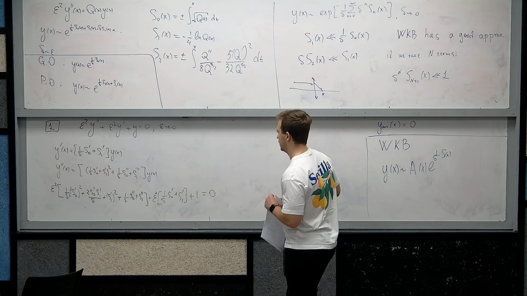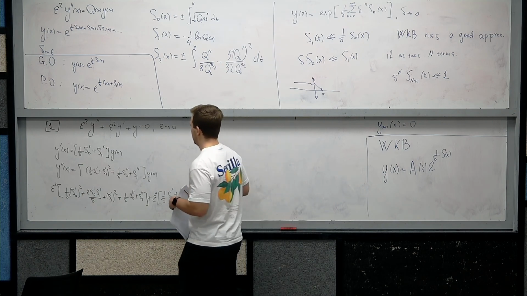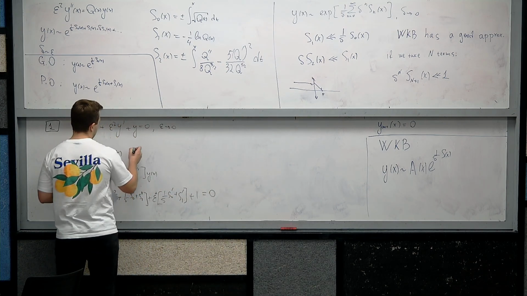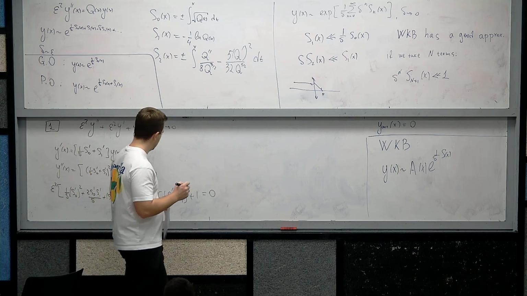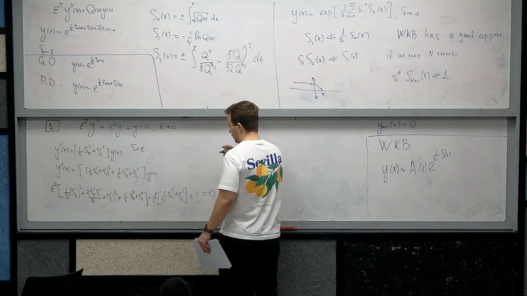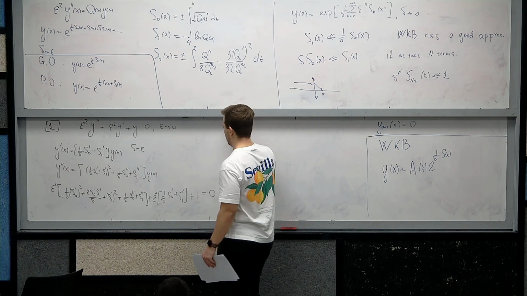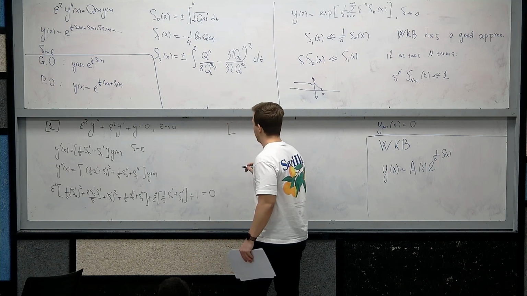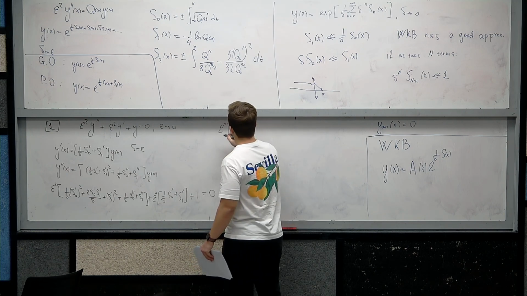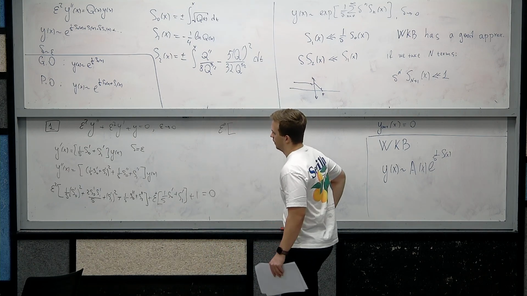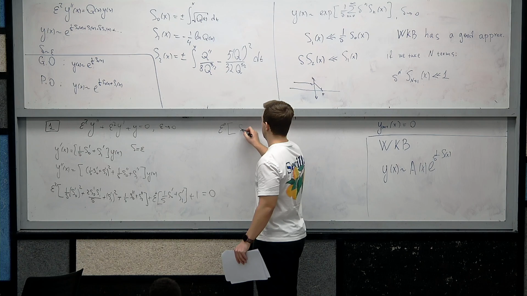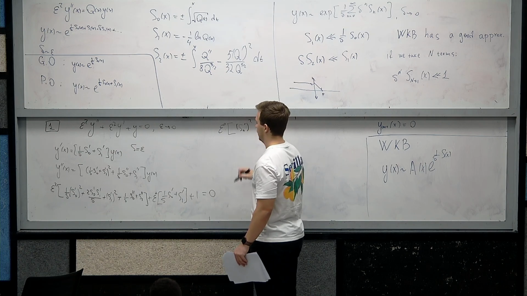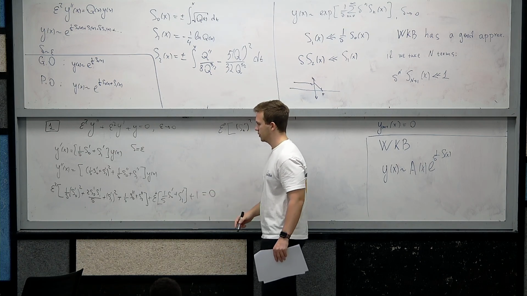In this problem, delta is of order epsilon, and now let's group all the terms. For epsilon to the power 0, what do we have? From the first term, S naught prime squared plus 1.